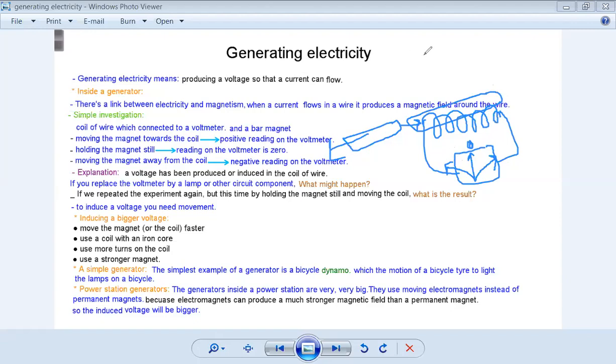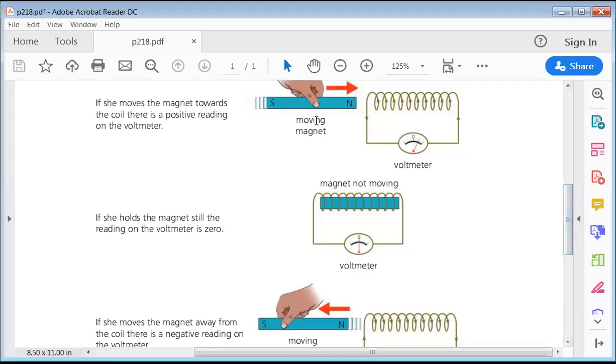What's happening exactly? Let me share the picture. Now here, as you can see in this picture, if she's moving the bar magnet in the right direction, she will get a positive reading here, okay?